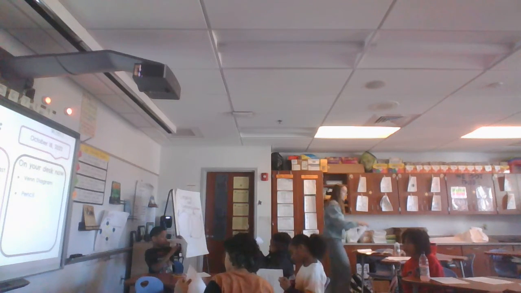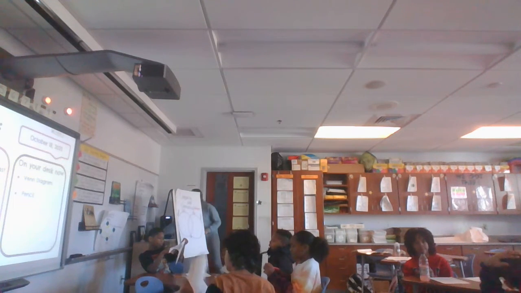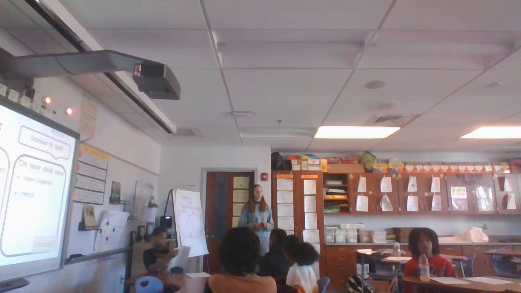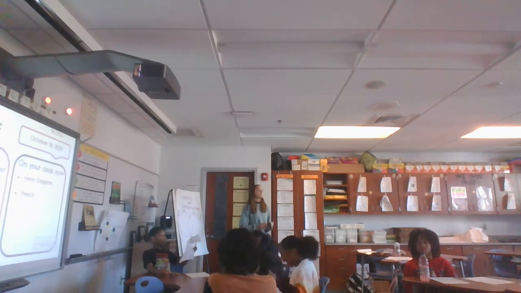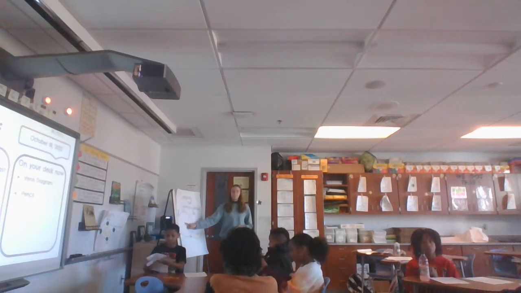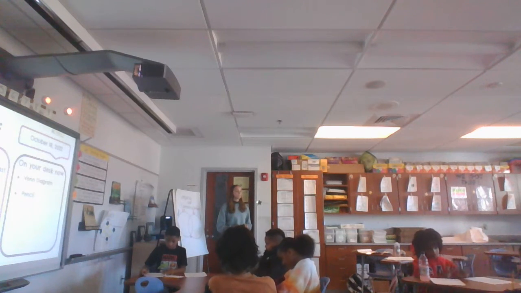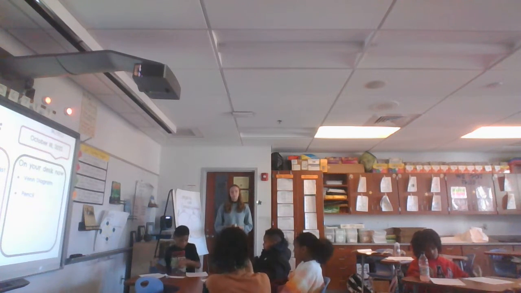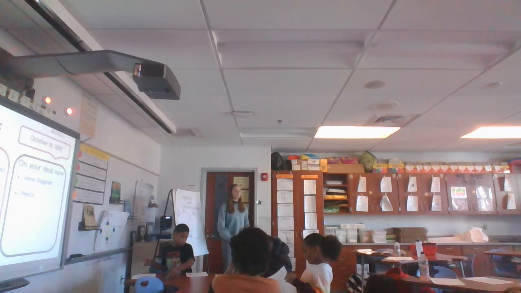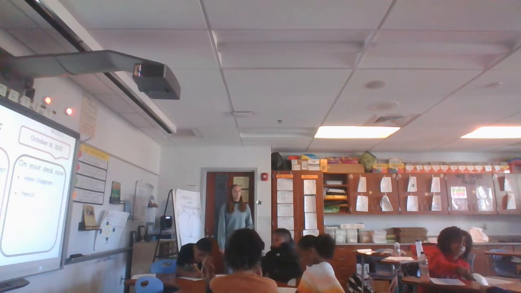I'm going to read now Kim's chapter. For those of you who have Kim, in your Venn diagram sheet under Kim, as I read, you're going to write down all the things you notice about Kim. This could be her physical characteristics, her character traits, her feelings, her actions, whatever you notice about Kim.